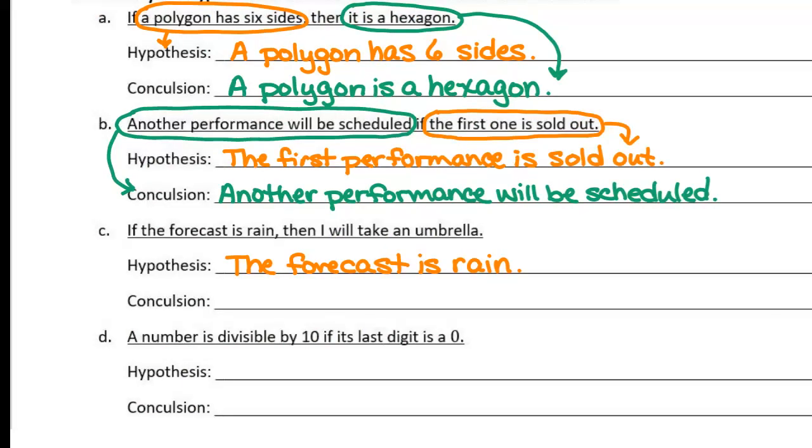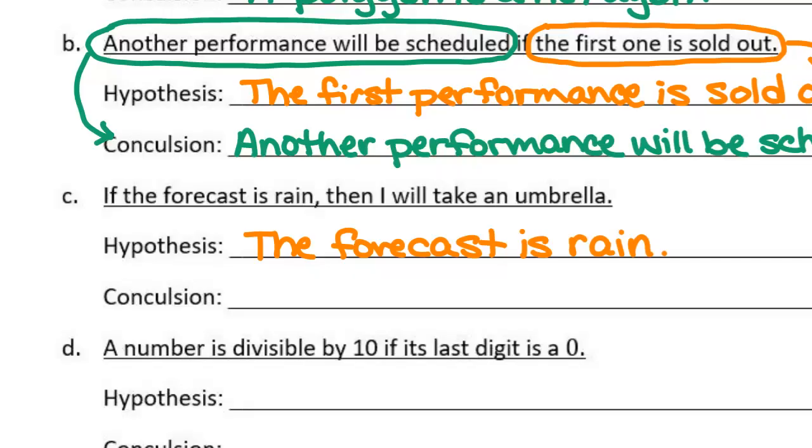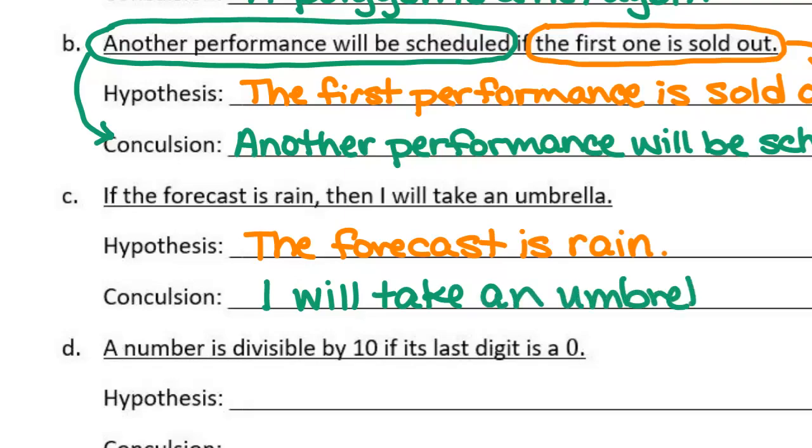What would my conclusion be? My hypothesis is the forecast is rain. What is my conclusion? I will take an umbrella. Nicely done.